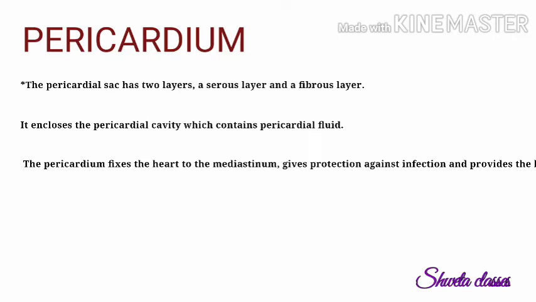It keeps your heart fixed in place in your chest cavity. It prevents your heart from stretching too much and overflowing with blood. And it protects your heart from any infection that might spread from nearby organs like the lung.